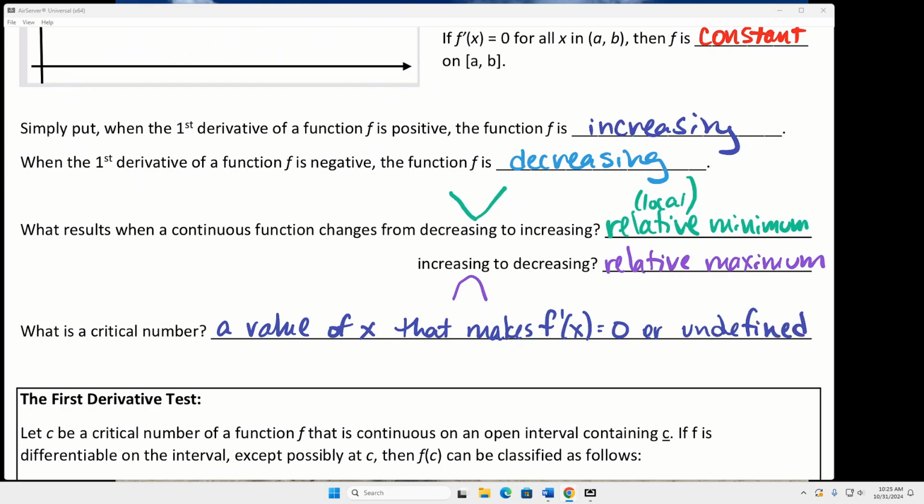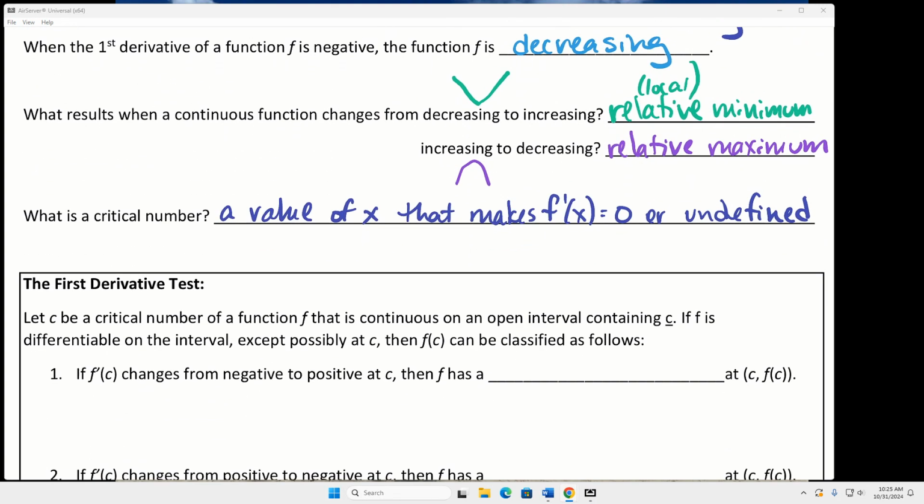So it's values of x that make the first derivative either 0 or undefined. And one thing that you need to know about critical numbers is that they are potential relative extrema.